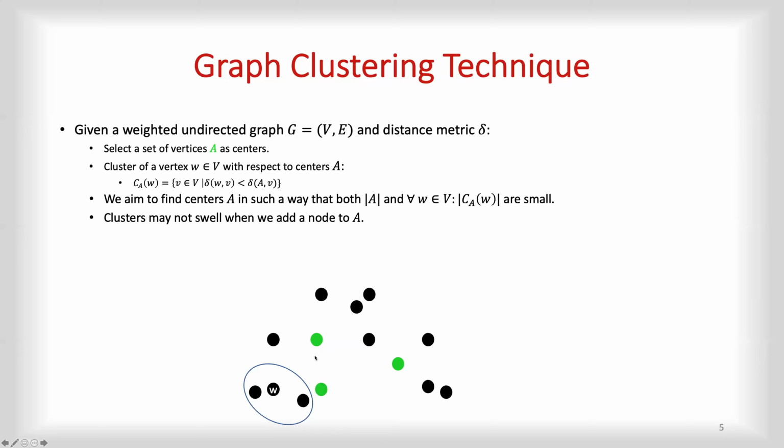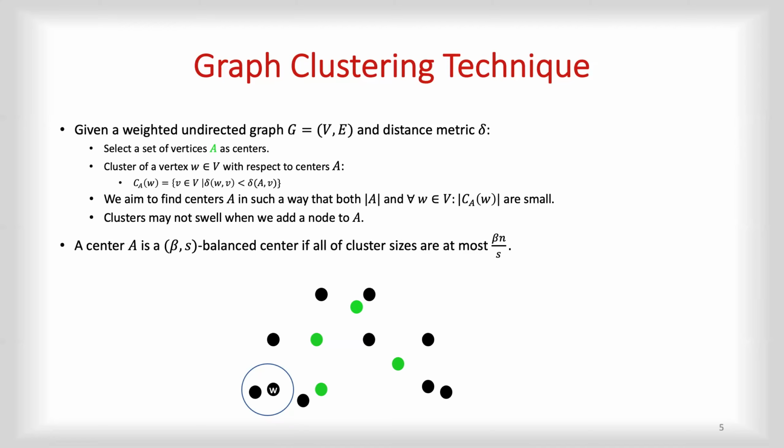If you add this node to the centers, it brings this node out of the cluster of W, while if we add this other node, it does not affect the cluster of W with respect to the centers A. We call a set of centers A a beta, s-balanced set of centers if all of the clusters have size at most beta times n over s.